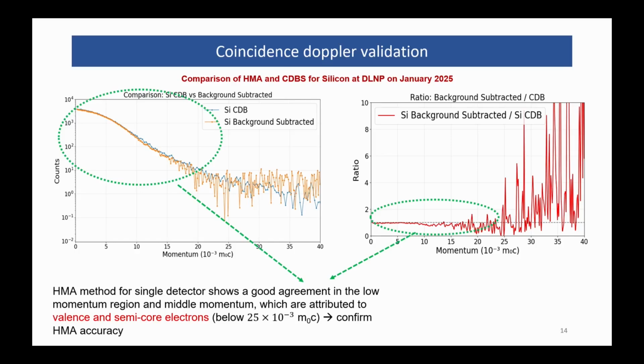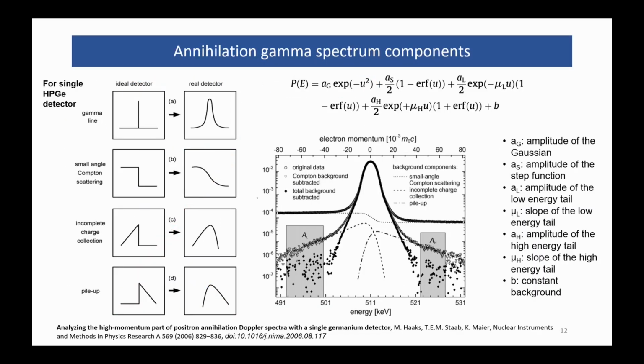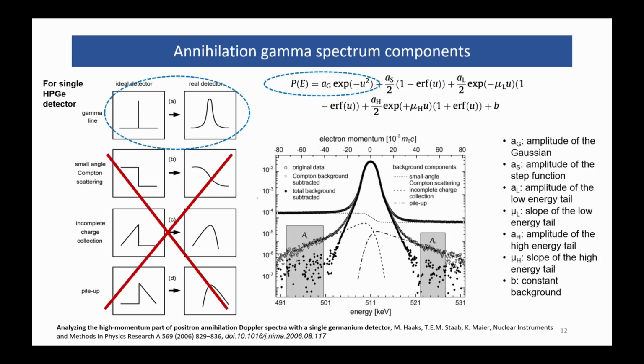It means that you use just one spectrum from one detector. Yes, that's right, for background subtraction, just one detector. But you know that it heavily depends on the mathematical model. What do you mean, mathematical model? It's this function. I saw many parameters in this function. It's hard to get a stable solution if you use some fitting code.